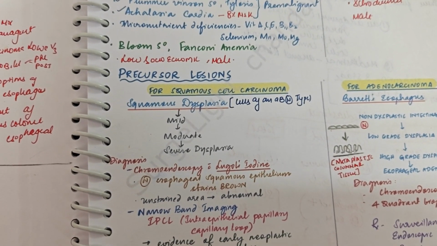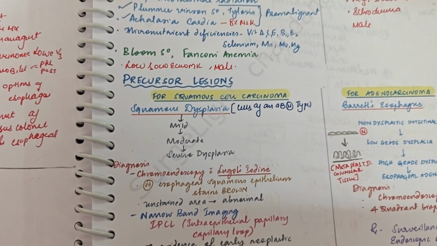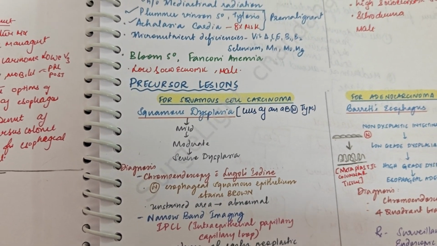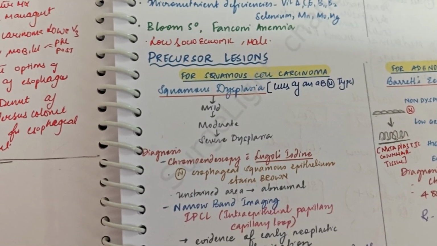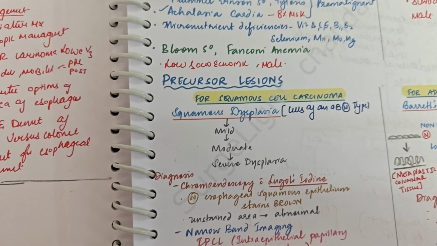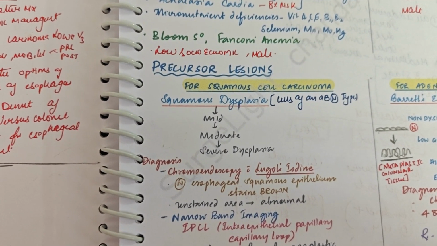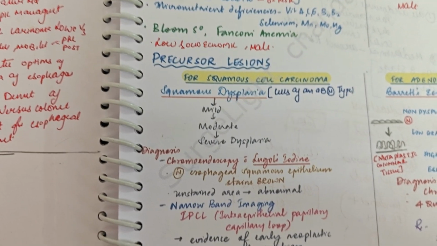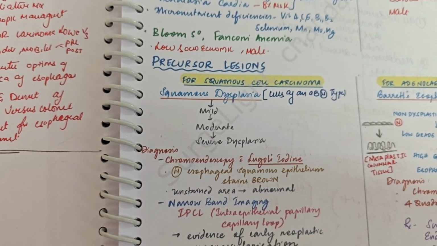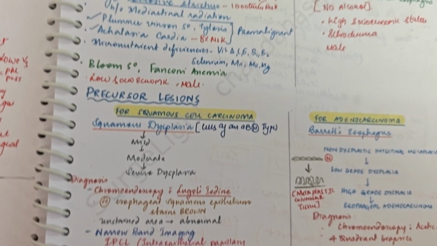Dysplasia is nothing but the normal cells being replaced by abnormal cells. Initially there will be mild dysplasia, then moderate dysplasia, then severe dysplasia. That's how the precursor lesions are.